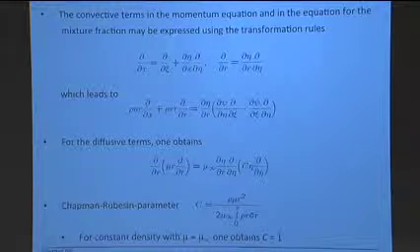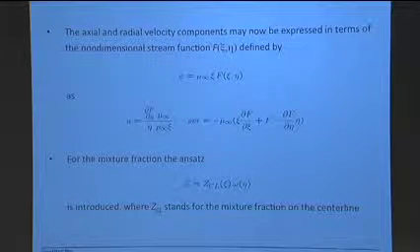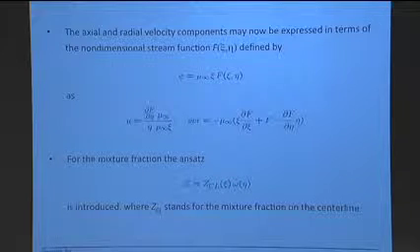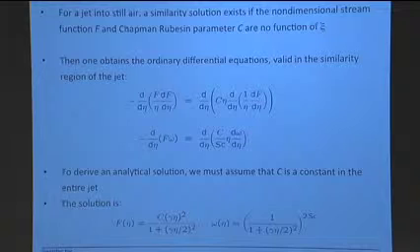This parameter appears very often. It is assumed to be constant also. Okay, so this is the stream function here. This is the velocity. So let's put that all in, and you can solve the system.